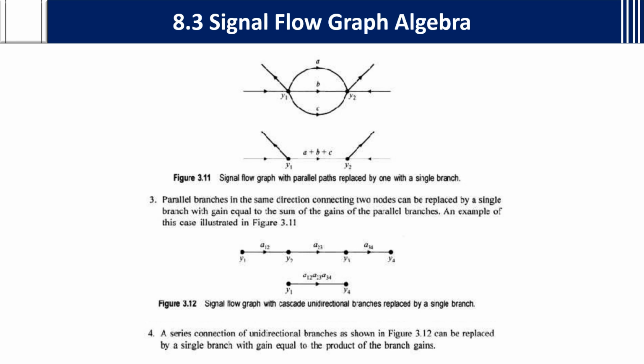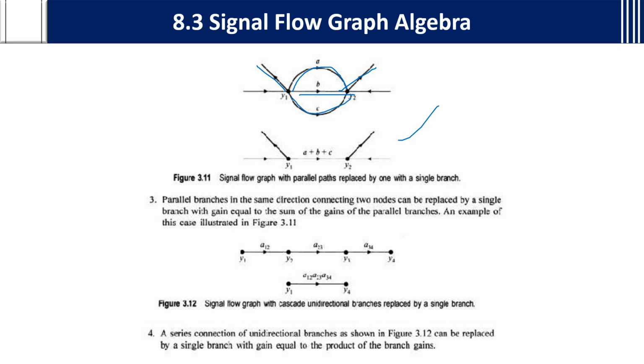Then parallel branches in the same direction connecting two nodes can be replaced by a single branch whose gain is equal to the sum of the gains of the parallel branches. An example is illustrated here. See, the arrow mark is going in this way, and in this way. We can write a plus b plus c. Why?